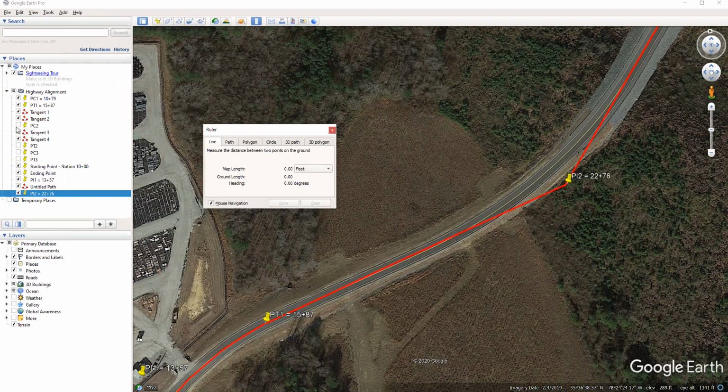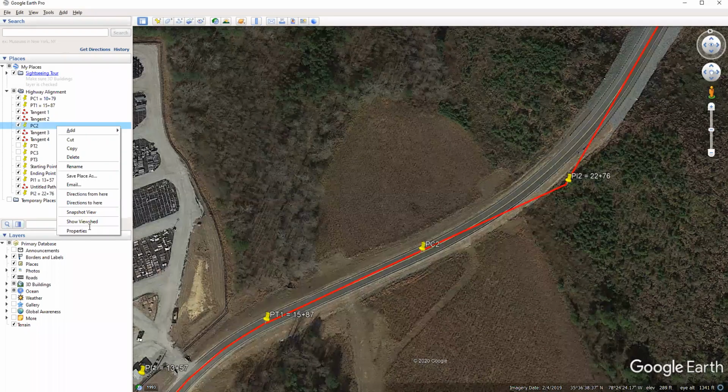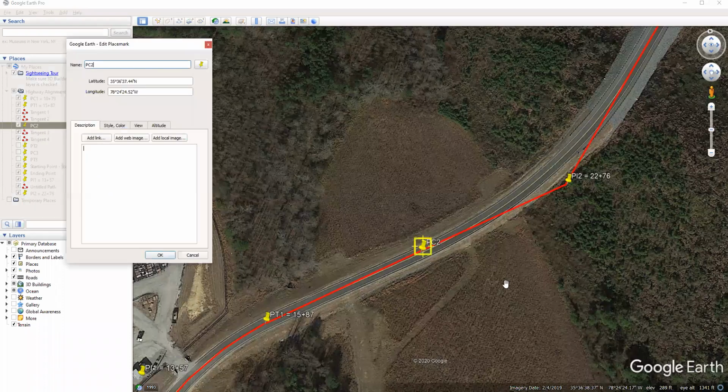And again, I pre-populated these. So there's PC of curve 2, and subtracting off 350 feet from 22 plus 76 is going to give us a station of 19 plus 26.